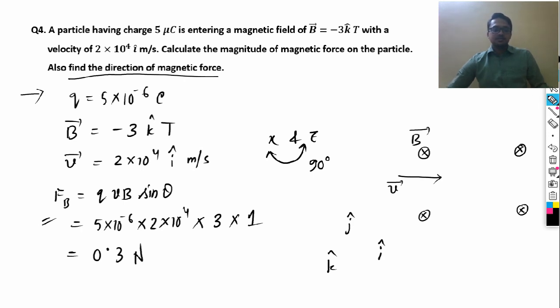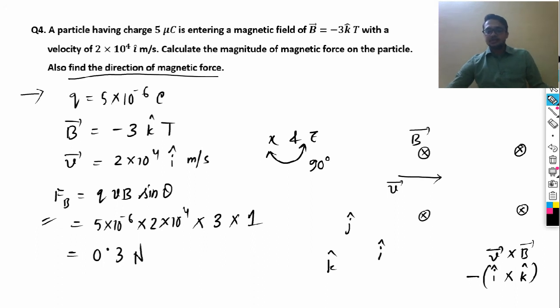Now look, our formula is Q V cross B. So V is along the x-axis, i cap, cross B which is along minus k cap, that means i cap cross k cap with a minus sign.